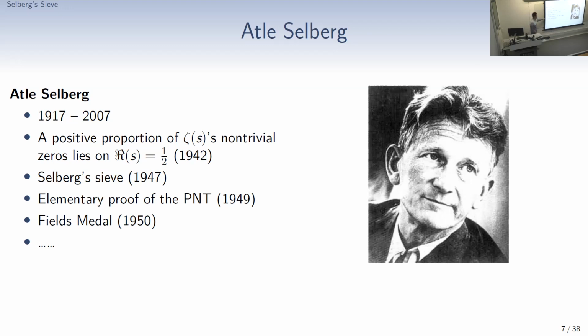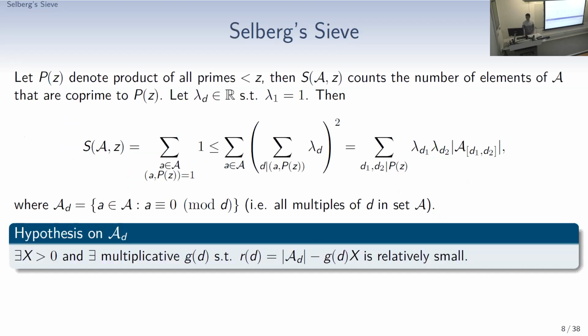But this remarkable achievement, combined with the previous two, allowed him to receive a Fields Medal in 1950. And he also made a lot of remarkable contributions in the second half of the 20th century. So that's why I put some thoughts here. So let's have a look at the sieve function.